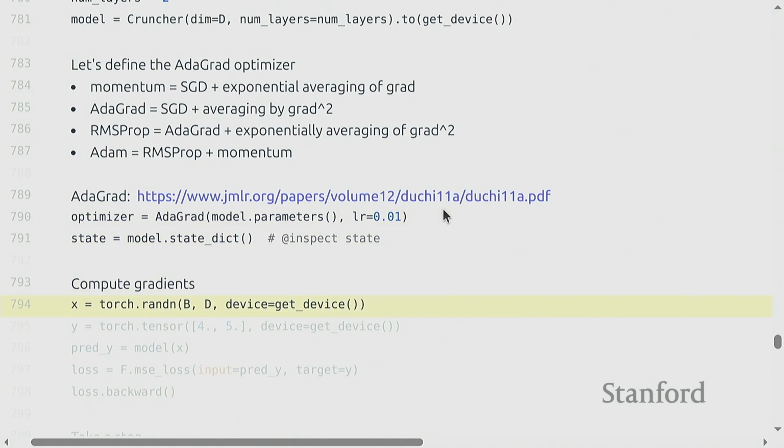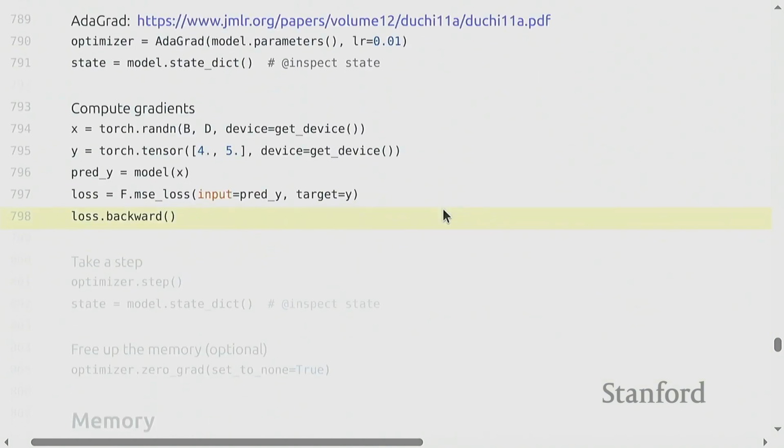I'll get to the implementation once we step through it. So let's define some data, compute the forward pass on the loss, and then compute the gradients, and when you call optimizer.step, this is where the optimizer actually is active.